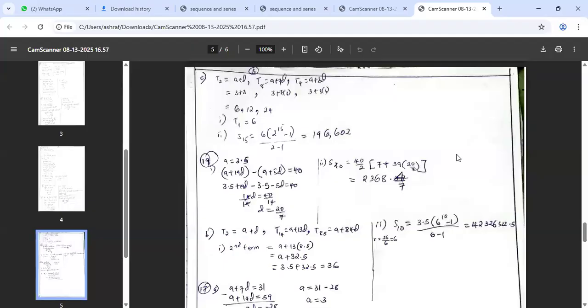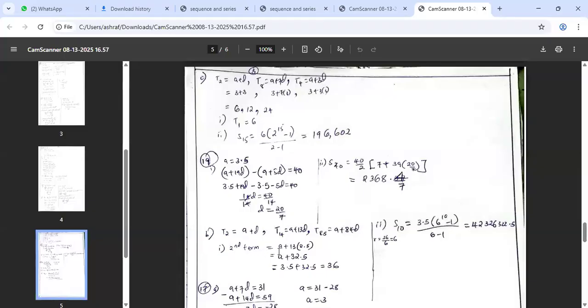Part B, the question was, you are given that T2, T14, and T85 of the AP form the first three consecutive terms of a GP. Then we have been told to use D as 2.5. So the first question is find the second term of the GP. If T2, T14 and T85 are the first three consecutive terms, it means the second term of the GP is T14 of the AP.